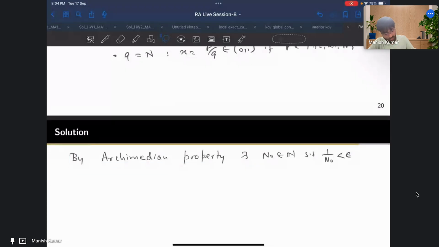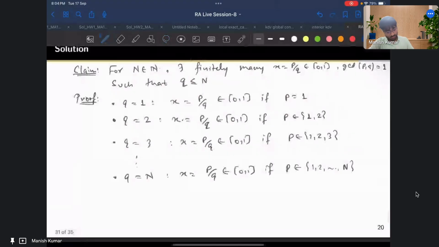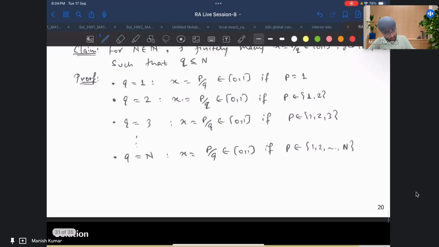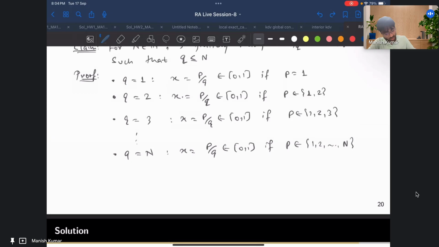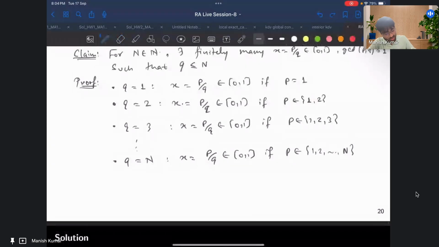What we have understood from here is that we are looking for rationals whose denominator is less than or equal to n.